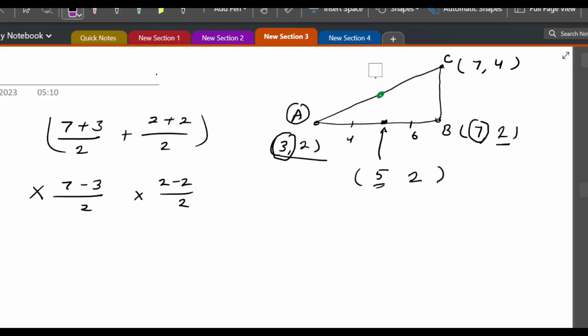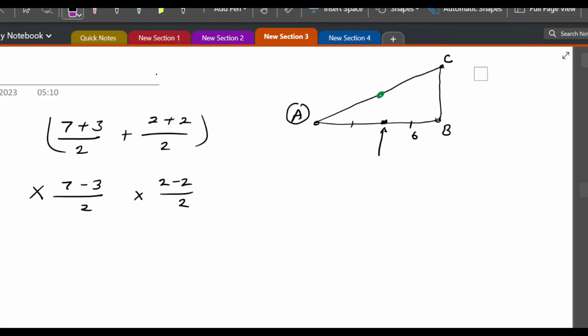Now let us understand gradient. Gradient is nothing but dy by dx. Generally for slope or gradient, we say that it is dy by dx. Now this dy, which we call the derivative, is actually the change in the value of y.